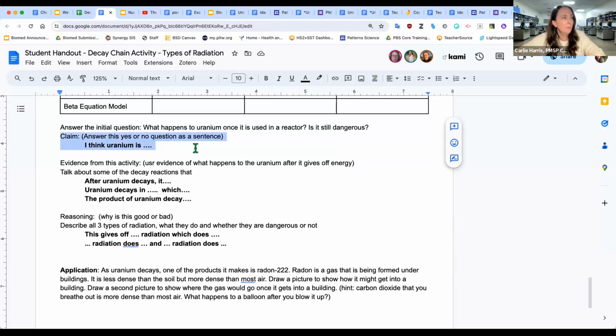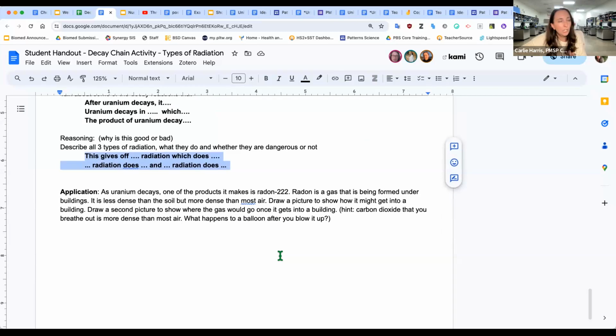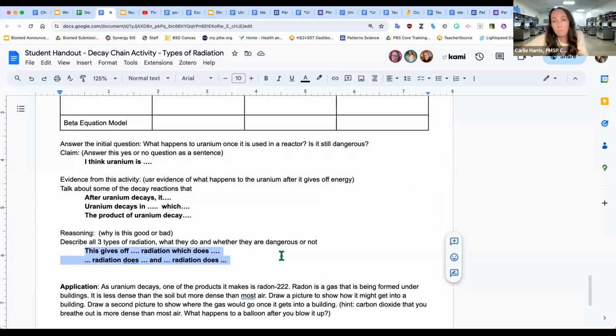So here's their claim. You know, what happens to uranium once it's used in a reactor? That was our beginning question in our slideshow. And so they have a little bit of writing supports here as they use some evidence and some reasoning, right? And so you can use this just as a completion if you want. You can use this as a little mini assessment, whatever you need to do for your students.